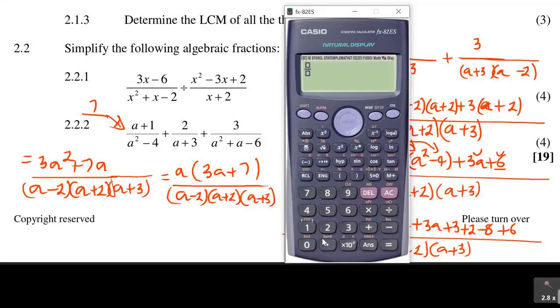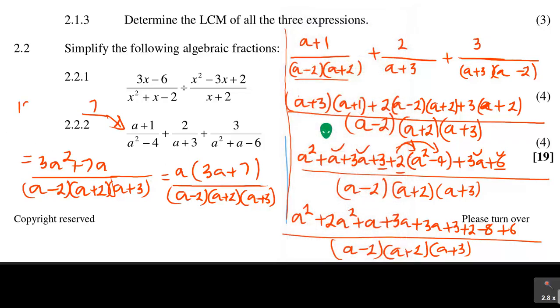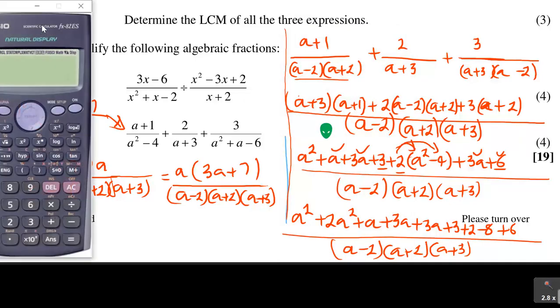So if my a is 7, I've got 7 plus 1 over 7 squared minus 4 plus 2 over 7 plus 3, and then plus 3 over 7 squared plus 7 minus 6. Just any value. You see I'm getting 197 over 450. Let me write it down. 197 over 450.